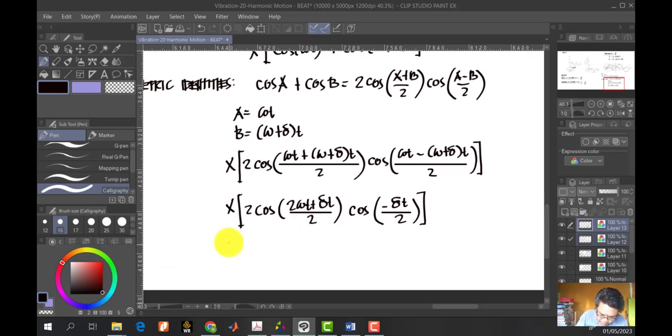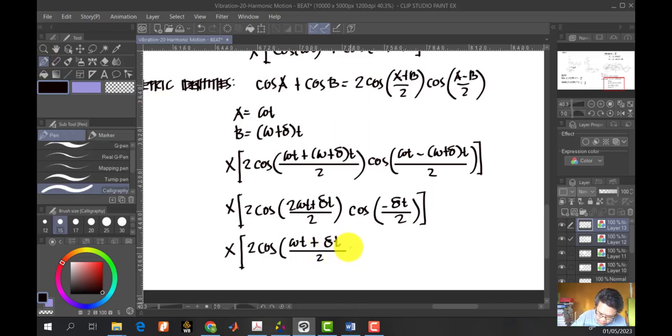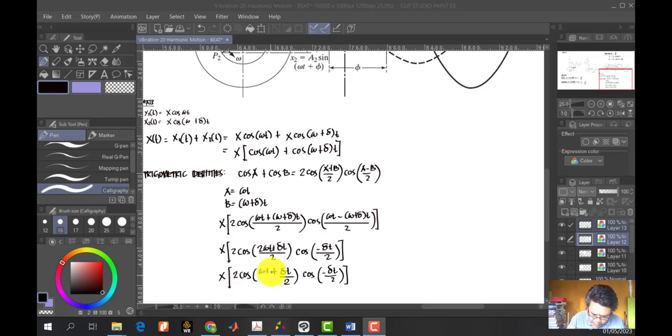Then we can further simplify this: 2 cosine, and this cancels out, so what is left is angular velocity times time plus lambda times time, all over 2. I made the corrections on this one.